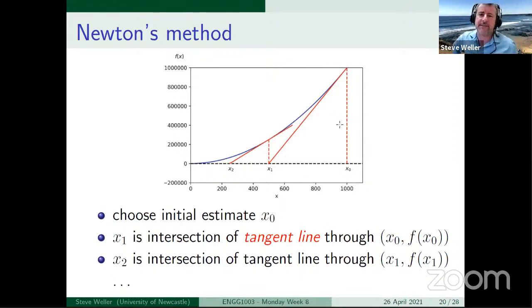And then we create a tangent line to the function. The tangent line is this red line here that just grazes the function. The function we're trying to obtain the solution to is the blue curve. Newton's method says we choose an initial estimate and compute the tangent line that just grazes the function through the point defined by x0.